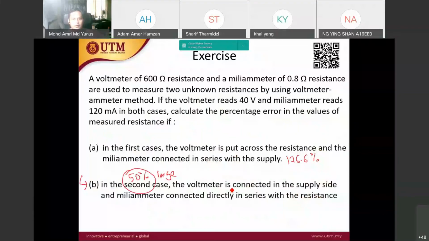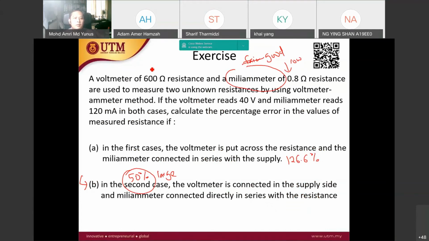It is the same for the second technique. But in this equation, the ammeter is fair, because the internal resistance is low, 0.8.